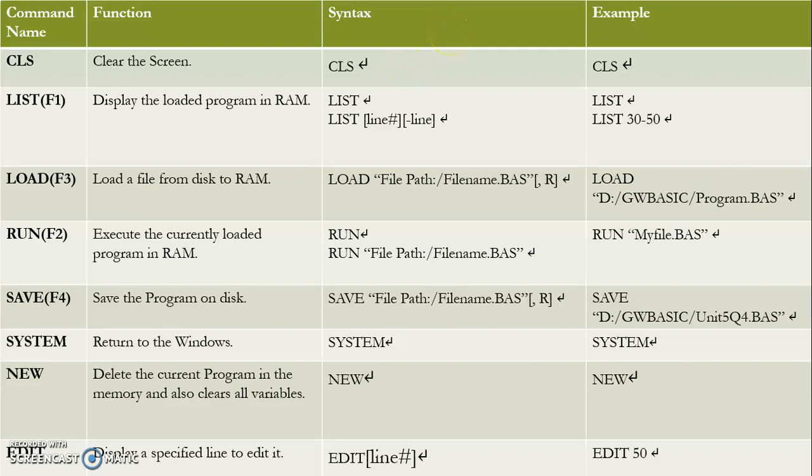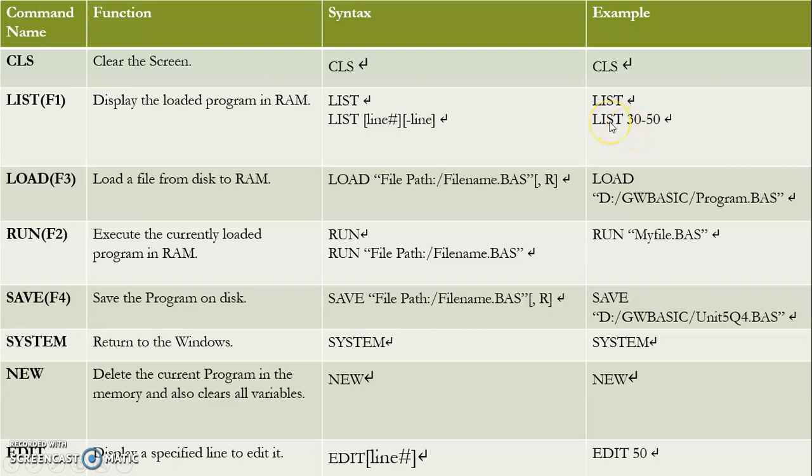And if we want to display a certain code block from the loaded program, we will use the same list command. Then the line numbers, which are shown as an optional parameter of the command, can be used to display a single line, multiple lines or a block of lines with this syntax. How will we use this command in our program?